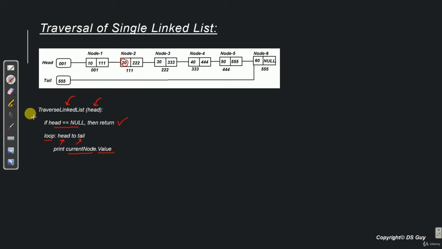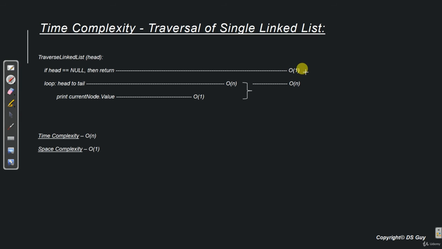Now let's see what is the time and space complexity of this algorithm. So to compare if head is null or not, it will take order of 1 time. Next, if head is not null, we go to loop. Looping from start to last will of course take order of n time because we have to traverse each and every node and the number of nodes are n.